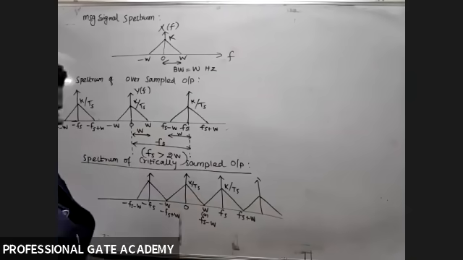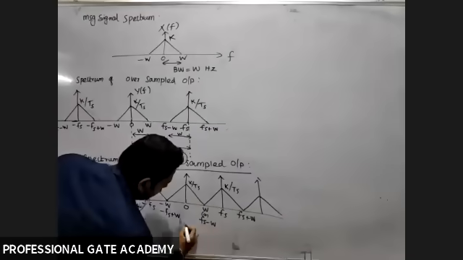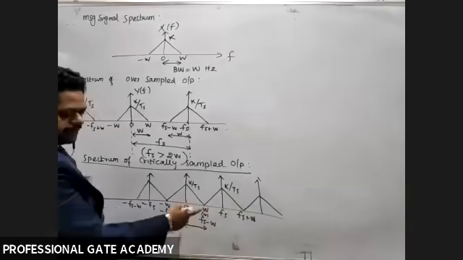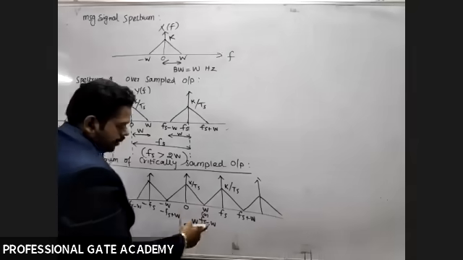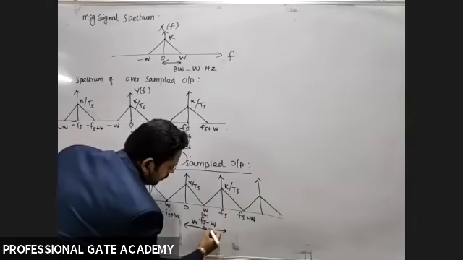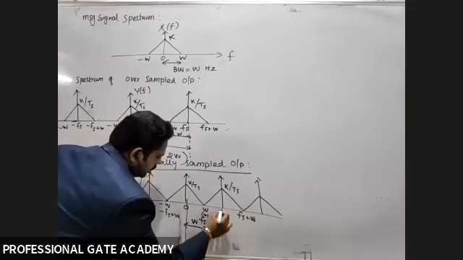I will explain. Now, students, listen. From 0 to W, what is the length? Students, tell me. From 0 to W, what is the length? W. So here Fs minus W and Fs. So now what is the length?